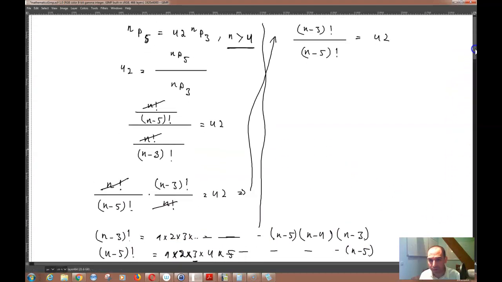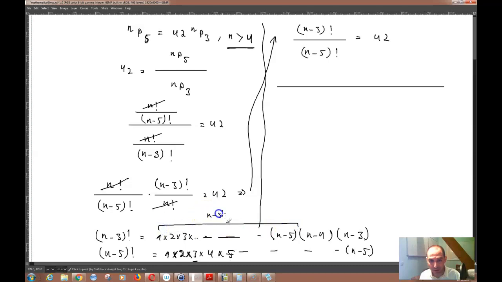So n minus 3 factorial, I can write this as n minus 5 factorial, I can write this as basically this whole part over here.